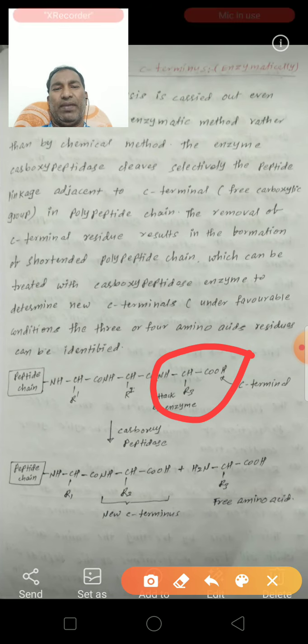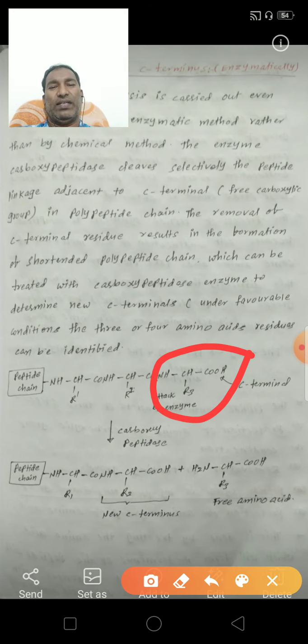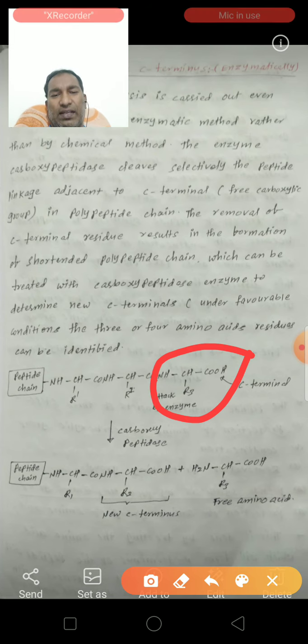See here, this is the peptide chain NH-CHR1-CONH-CHR2-CONH-CH. This is the polypeptide or peptide bond. So in this polypeptide, this is the C terminus. The right side, last amino acid is known as the C terminal.